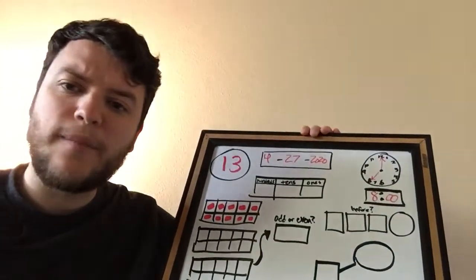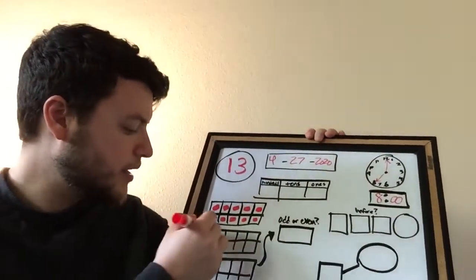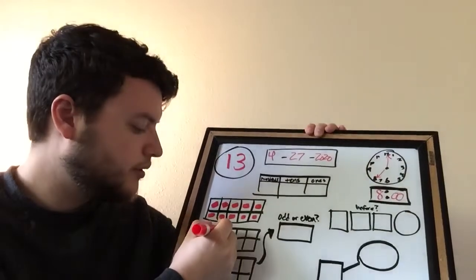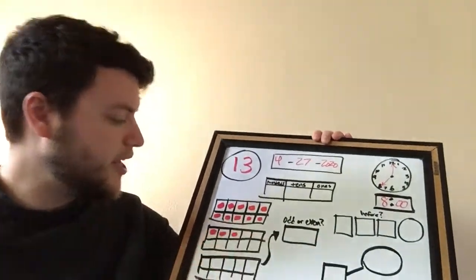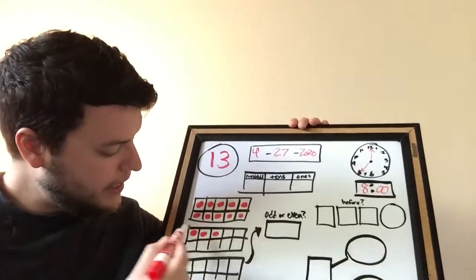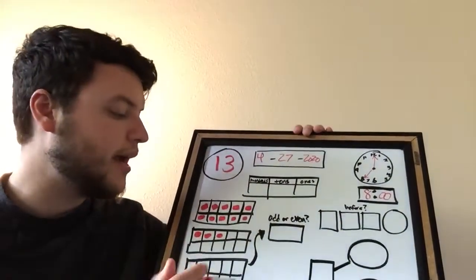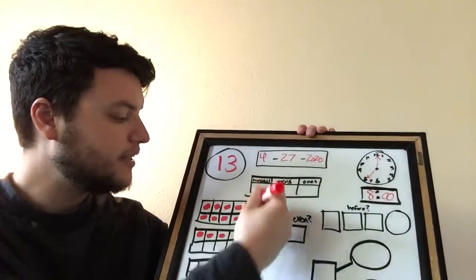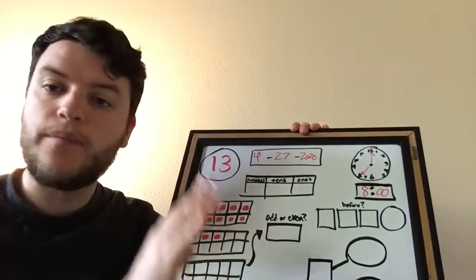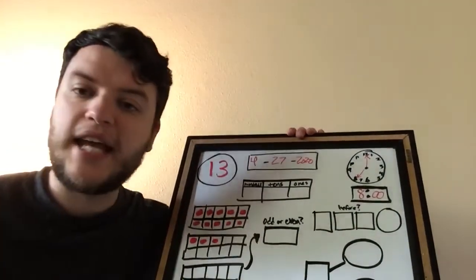We're already at 10. How many more to get 13? 11, 12, 13. So I have 10 and how many more? Ones, that's right. We're using ones because the 10 frame is now full. That's a full bundle of 10.